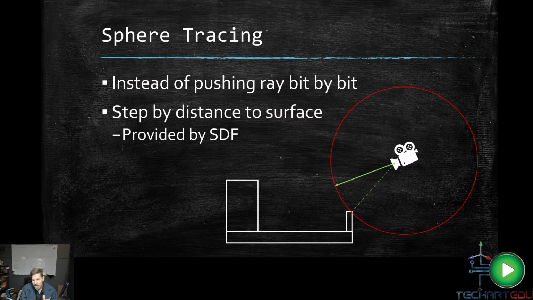And then from that new point that we have here, we're going to check with the SDF again and find out, okay, how far are we now from the signed distance function? And there it is. It says, oh, okay, I picked it up here, and I'm going to push forward that amount. So we create a new sphere, and then we push forward that brand new amount. And then the process just continues until something happens.